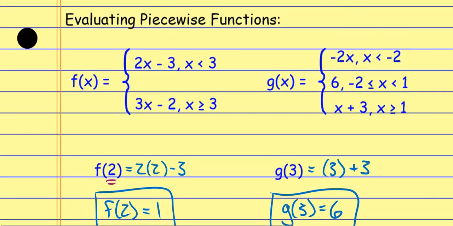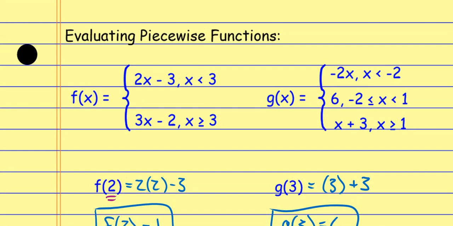I'm looking for the domain value of -1. Which of these 3 pieces uses the domain of -1? The answer is it's this middle one right here, because -1 is between -2 and +1. So only that middle piece uses this, so I plug the -1 in there.